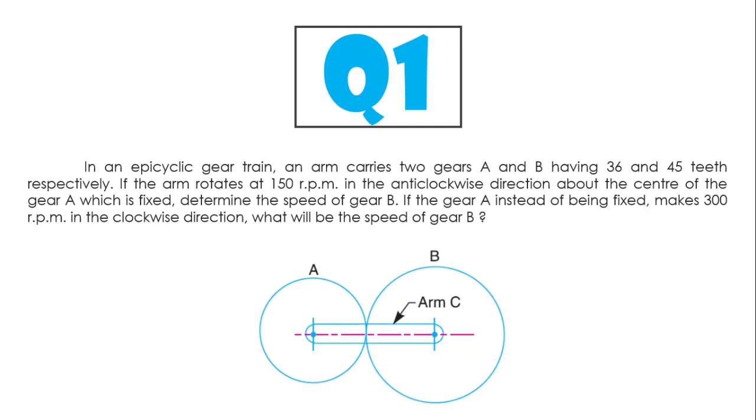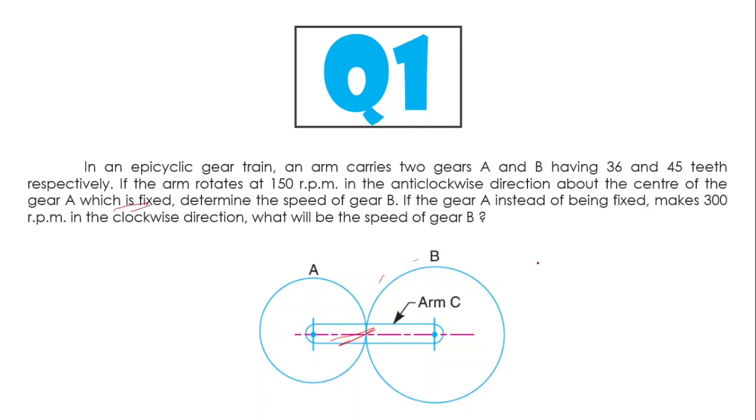Here the question is that we have to find out the speed of the gear B. Then two conditions are given. First condition: the arm, this particular arm C, rotates at 150 rpm in the anti-clockwise direction about the center of the gear A, where the gear A is fixed.